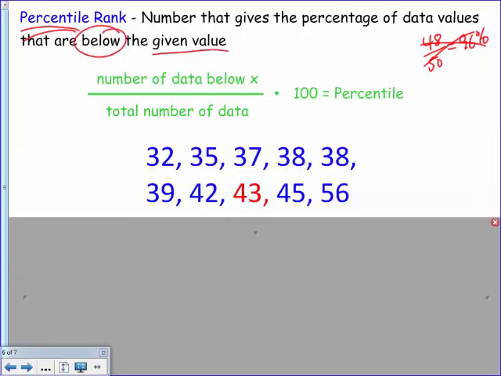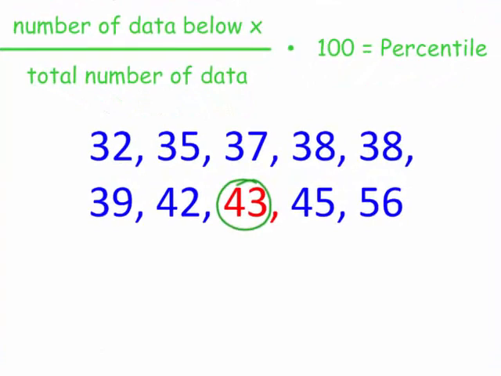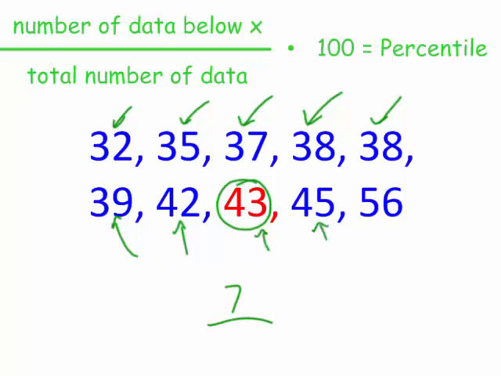So the easiest way to do this is just look at an example. So if I wanted to find the percentile rank of 43, well, how much data is below 43? Well, I got 1, 2, 3, 4, 5, 6, 7 pieces are below. And the total, so 8, 9, 10 total. So 7 out of 10 gives me 0.7.